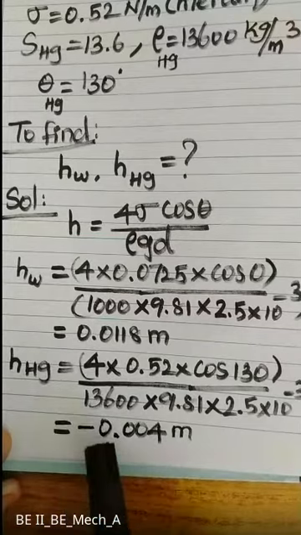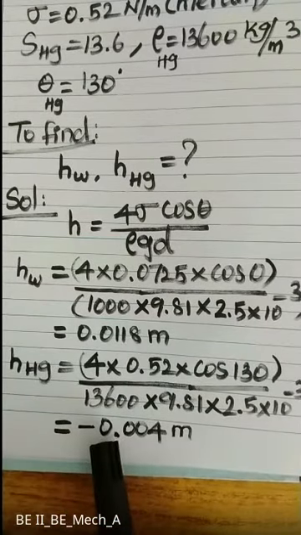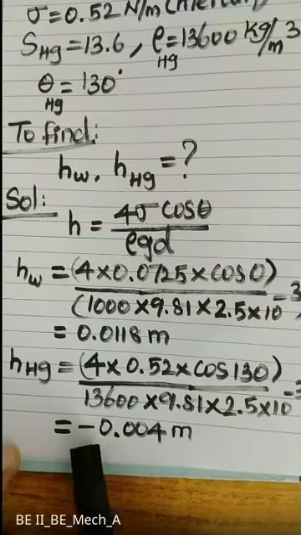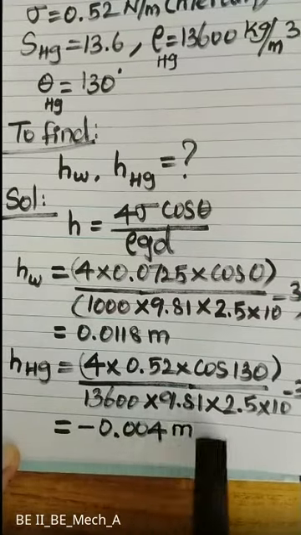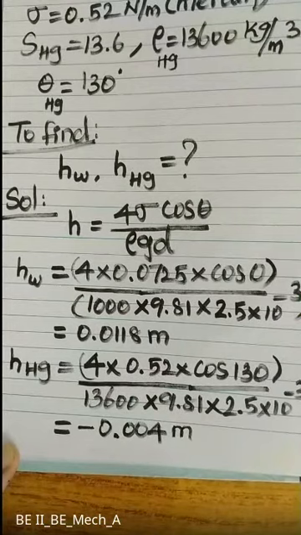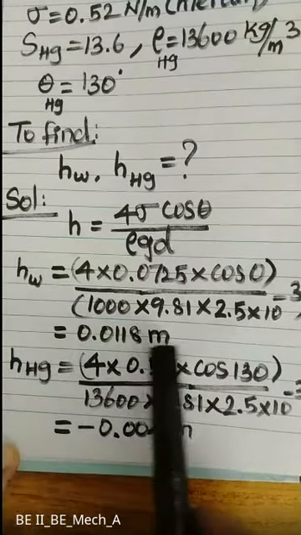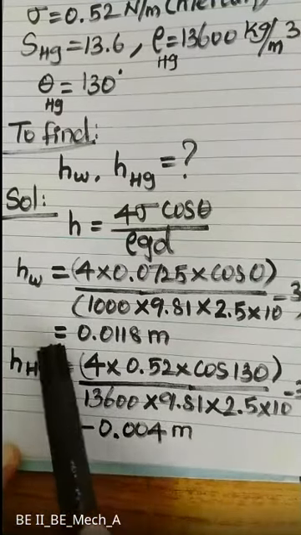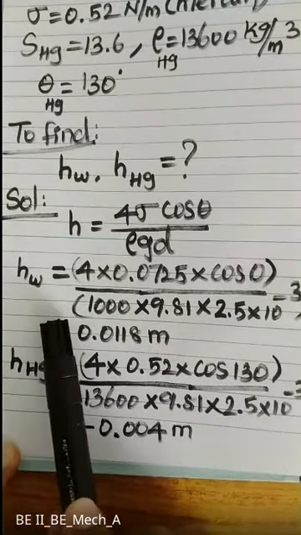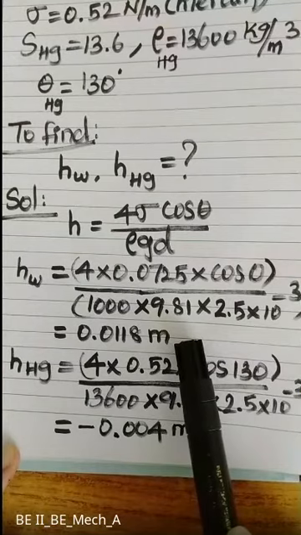So please look here, we have h with a negative symbol. What is the meaning of this negative symbol? Here we had h positive, which means capillarity rise, a rise in the water level.